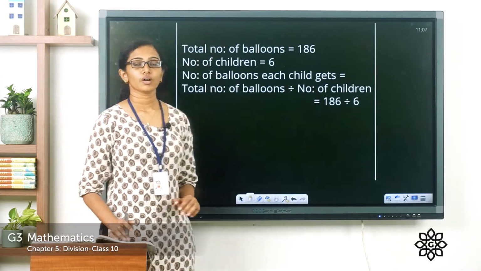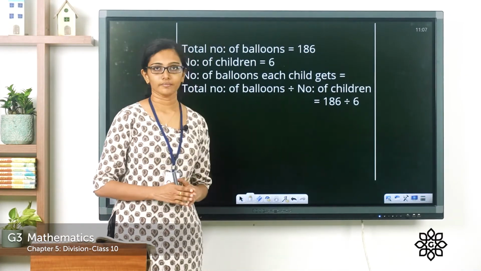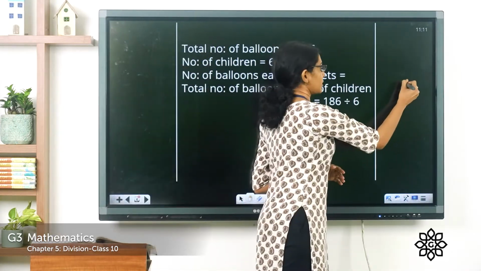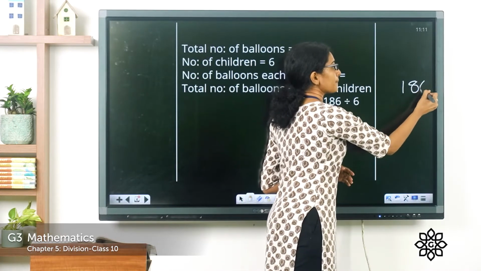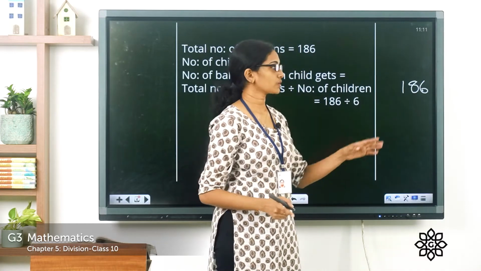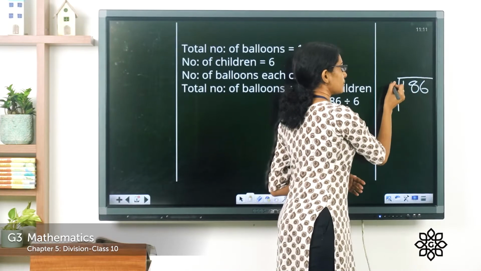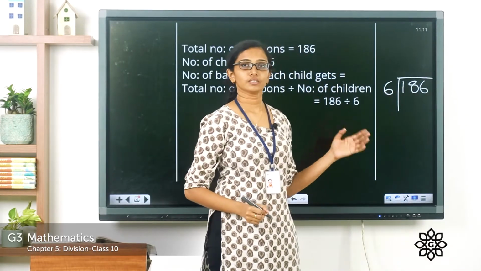Now, let's do the division in the working column, which is in the right side margin of your notebook. Let's write 186. This is the number that we have to divide equally, the dividend. And the divisor is the number of children, which is equal to 6.